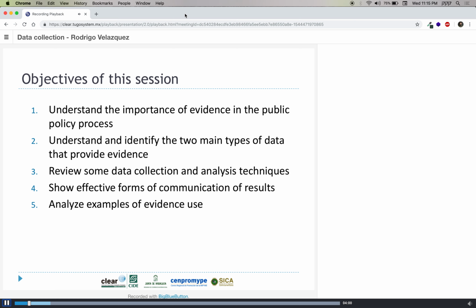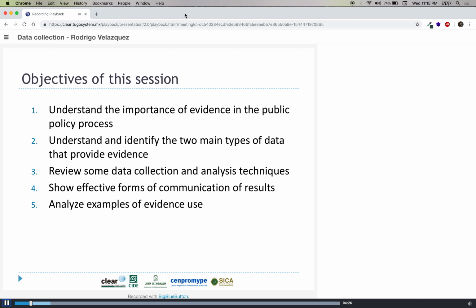There are many documents concerning each one of the techniques that we are going to analyze. And also we are going to see how to analyze data. So the first step has to do with understanding the main types of data that we can use in order to strengthen or to provide a basis for our evidence and for the public policy process.